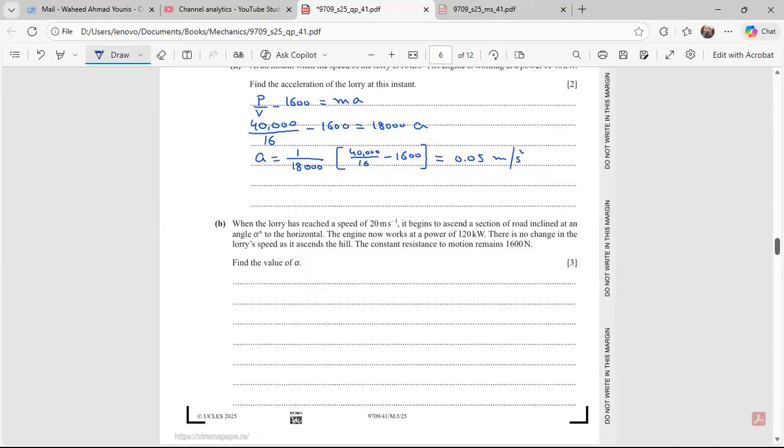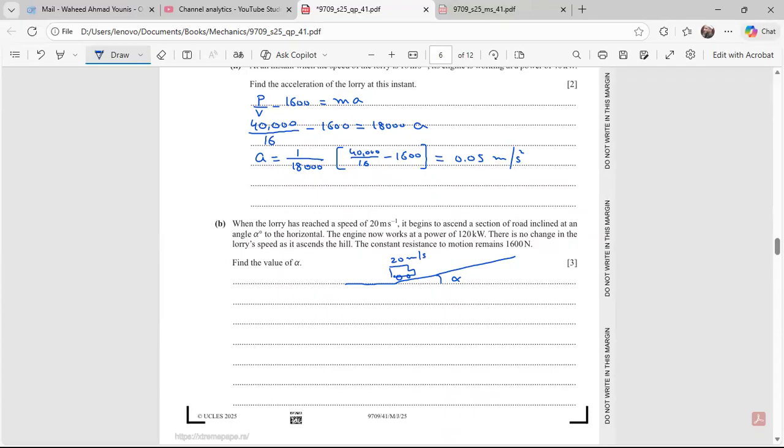When the lorry has reached a speed of 20 meters per second, it begins to ascend a section of road inclined at an angle alpha. So it was going straight, and then suddenly it has an inclined surface. So this is alpha angle, and at this point when it started this slope, its speed was 20 meters per second.